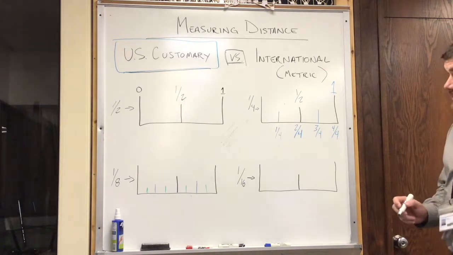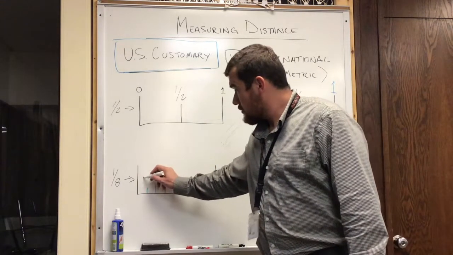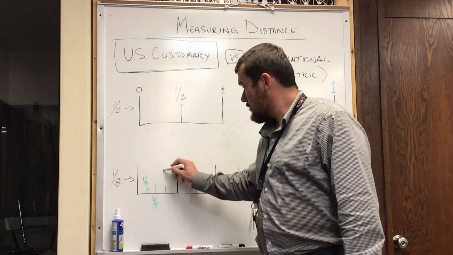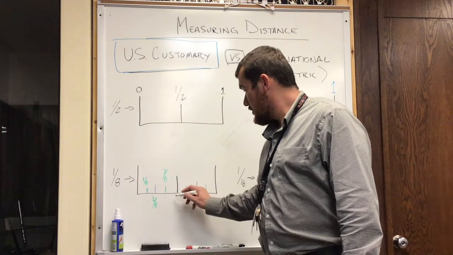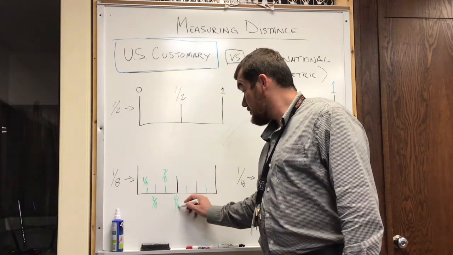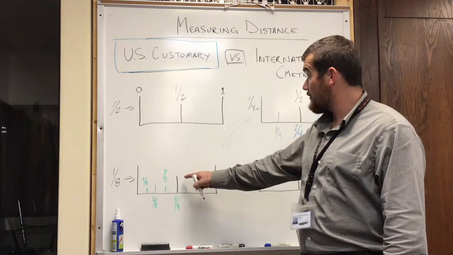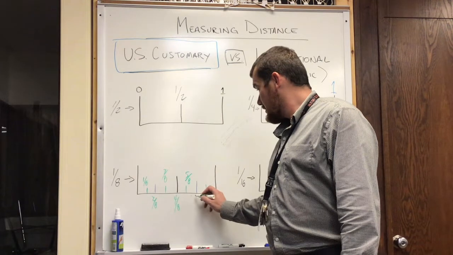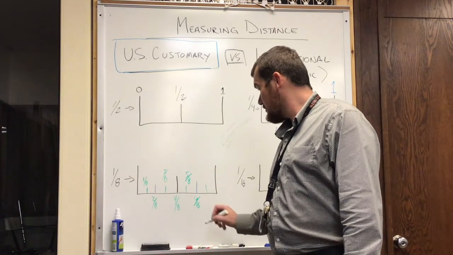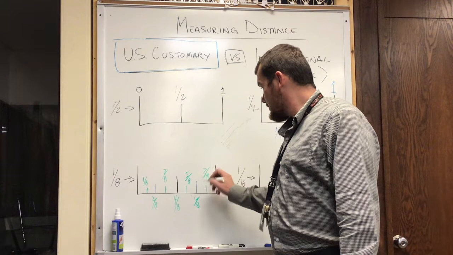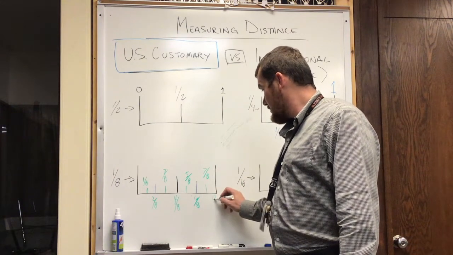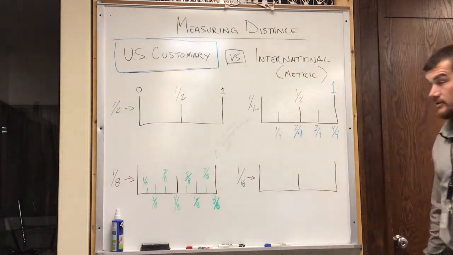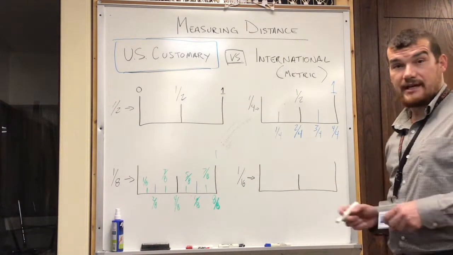All right, and if we want to count these together, we could say 1/8, 2/8, 3/8, 4/8, which is 4 is half of 8, so we knew that was our half from earlier. 5/8, 6/8, 7/8, 8/8, or 1, right? So there, we are down to our 1/8 scale at this point.